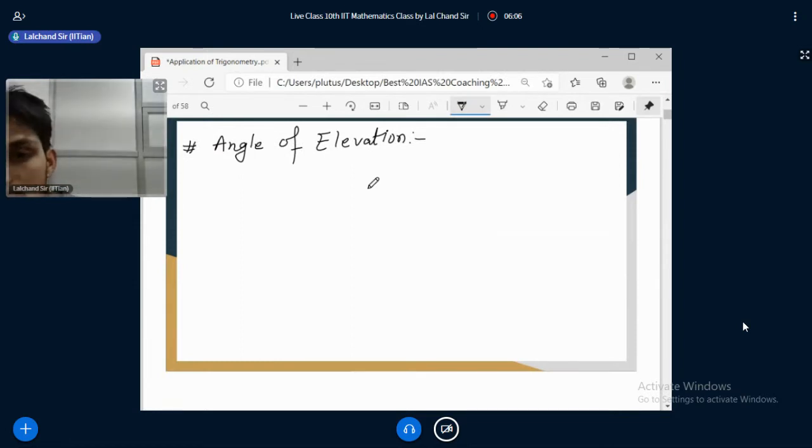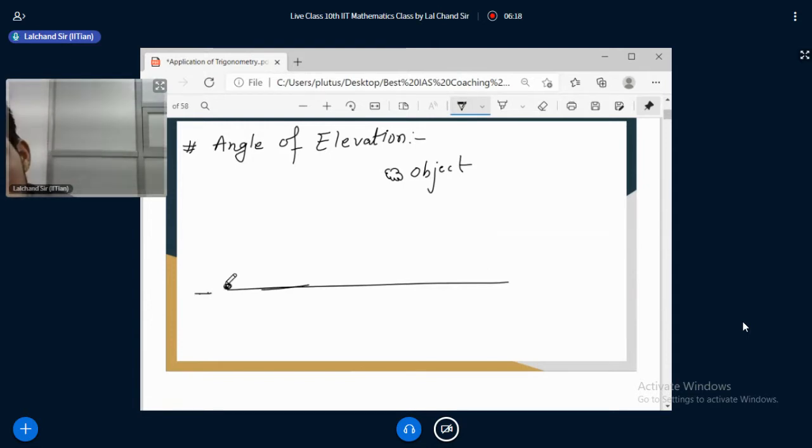Let's suppose we have an object. This is our object, and here on this horizontal plane we have some observer, okay. This is, let's suppose, a person, okay. The observer.